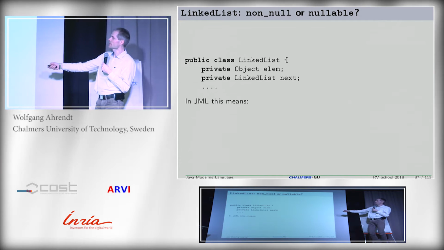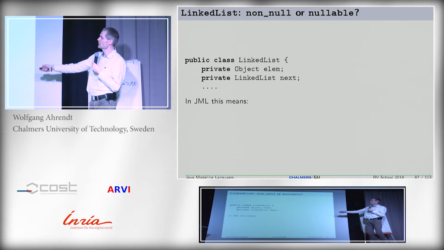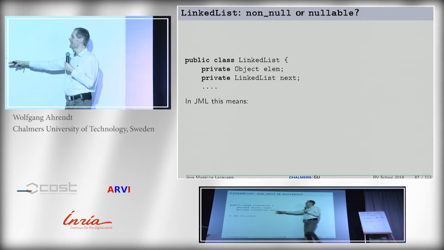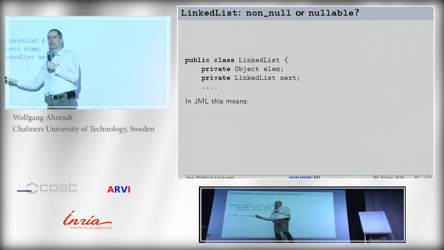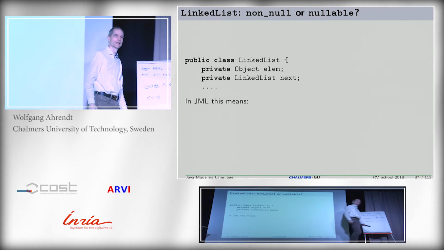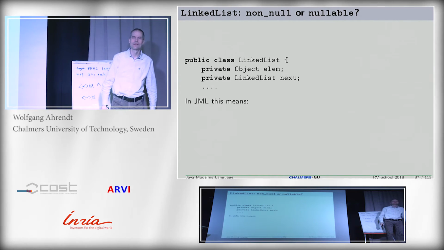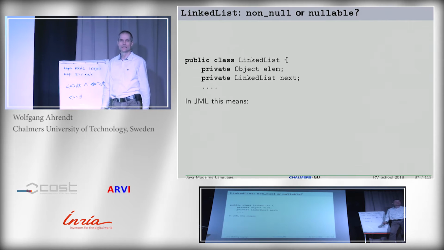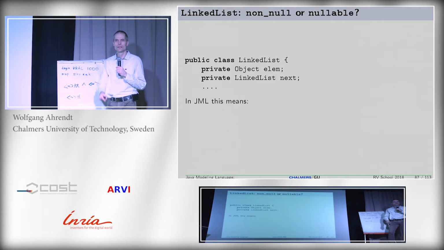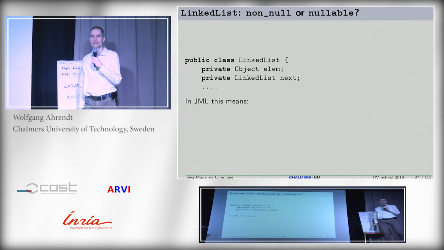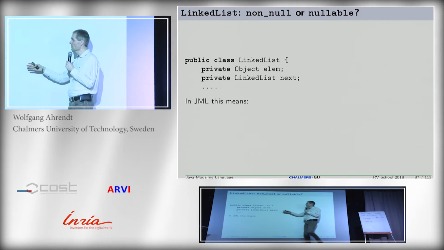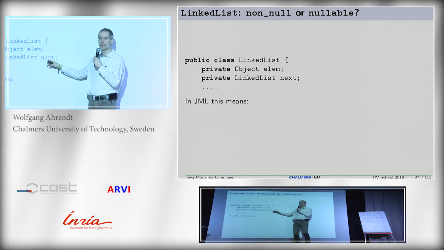Let's look at this here. This is a linked list, very primitive. We have an object which we store there, and we have a next field. So if I don't write anything more, and I use this in a JML context, what does it mean? Yes? Yeah, so the default applies. So null is forbidden here and null is forbidden there.